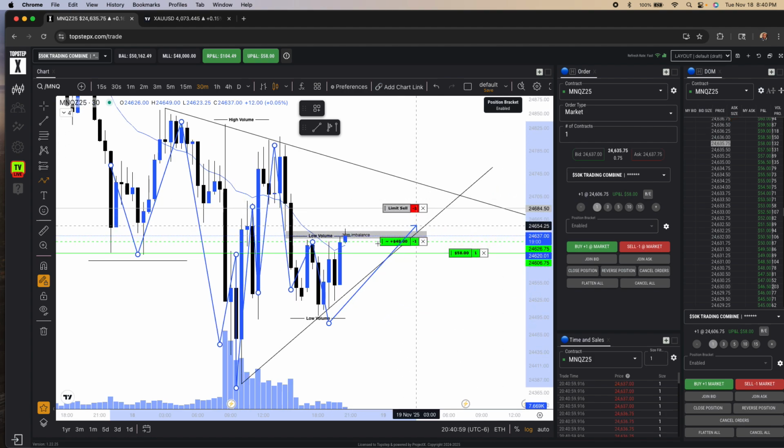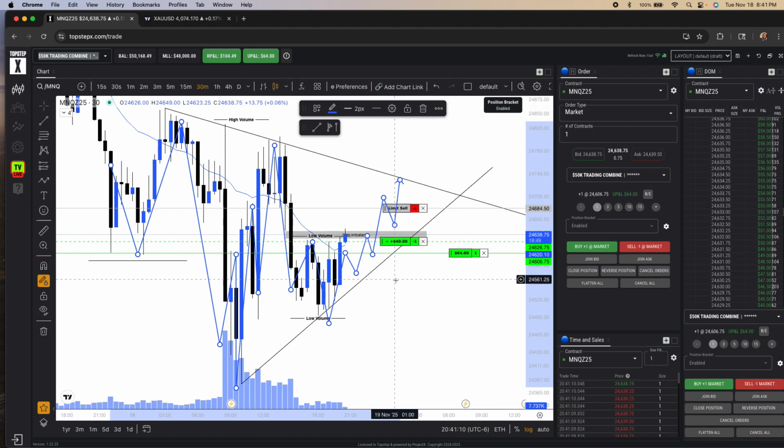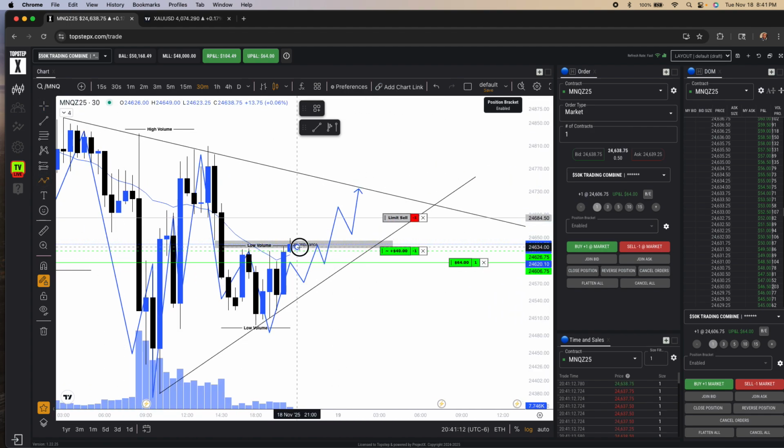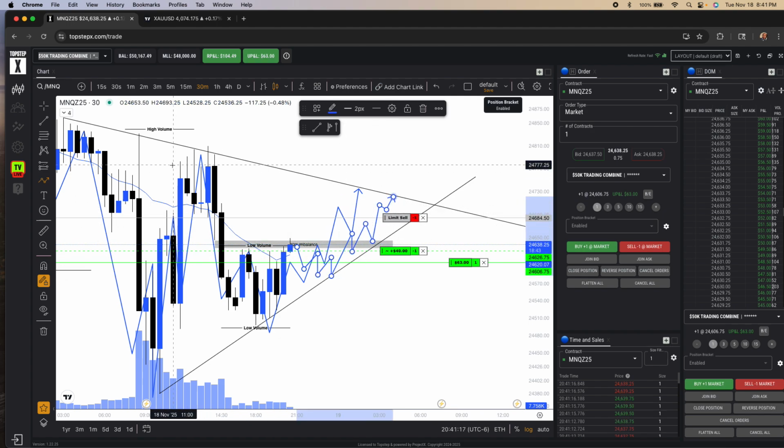And I took it way up here because I was late on the entry. And I kind of just want to see it hit this top half once again. So we could honestly come right back down and then bounce again, which is why I'm kind of trailing my stop loss.